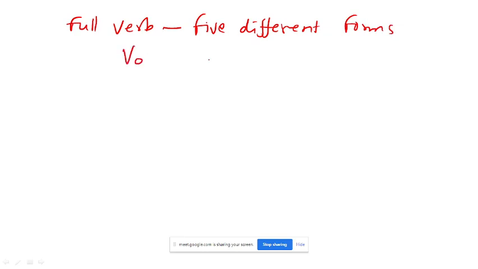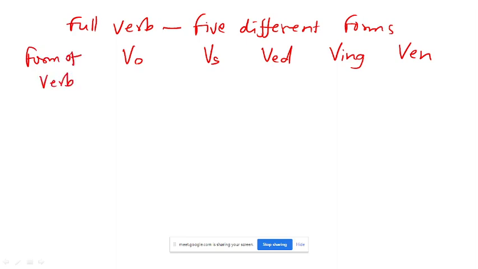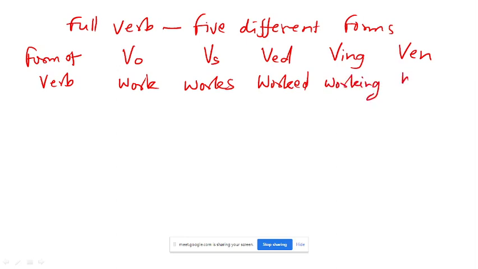V0, VS, VED, VING, and VEN. So you see these are the 5 forms of a verb. For example, work, works, worked, working, and worked.